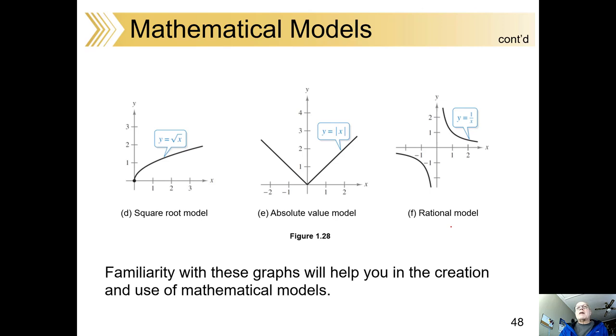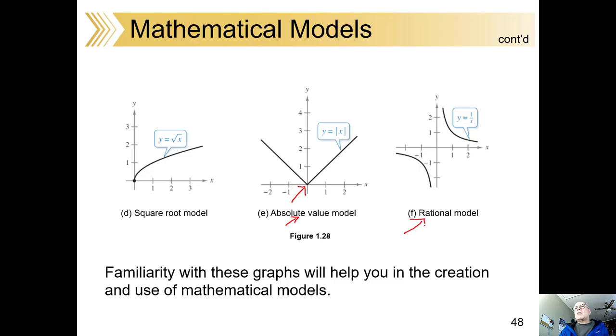The fifth one, the absolute value model, looks like a V. It doesn't necessarily have to be at the origin, just like this one doesn't have to be at the origin. These are general looks. It does have a V pattern. It has a sharp point here, and this would be a good model for some kinds of data.